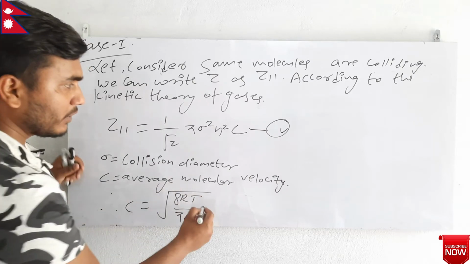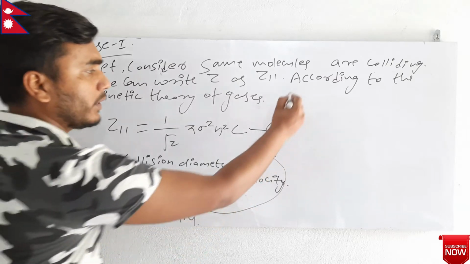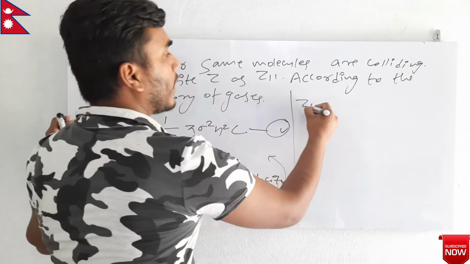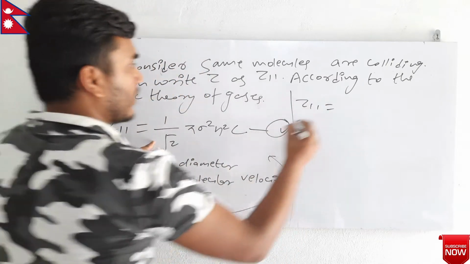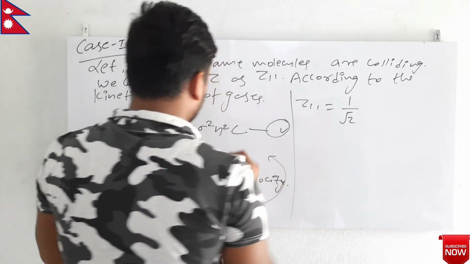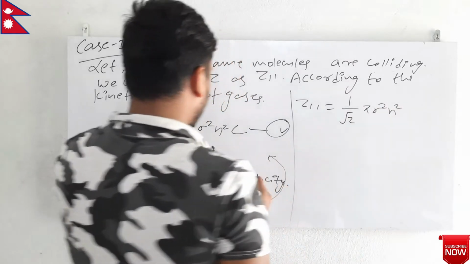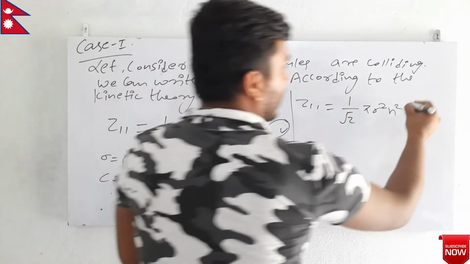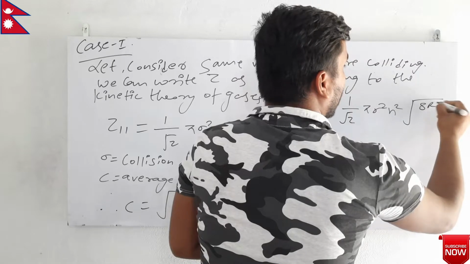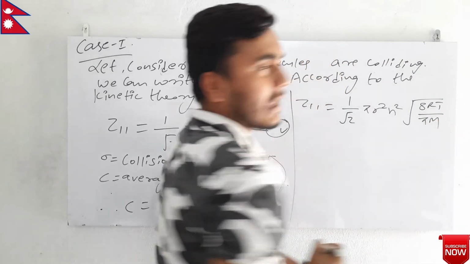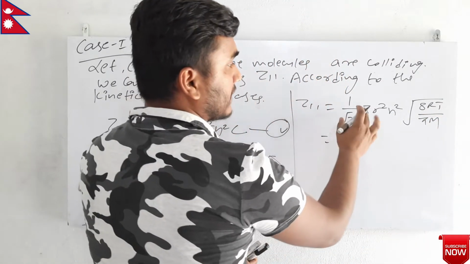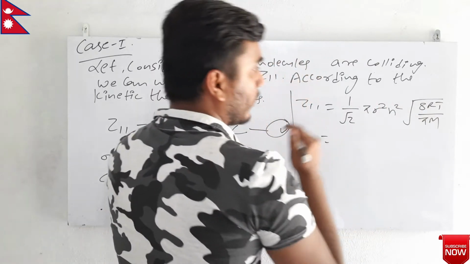Now let us put this value over here. What do we get? Then Z11 becomes 1 by root 2 pi sigma square n square, and in place of c we can write root under 8RT by pi m. Okay, now let us take these values inside. What do we get?